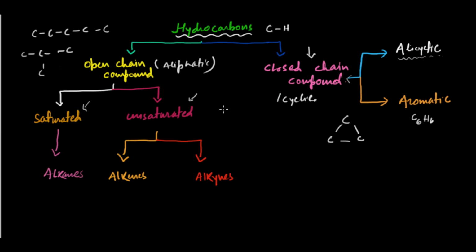Whenever you find a carbon associated with another carbon by a double or triple bond, we call it unsaturated, because these bonds can be loosened between the carbons and can be attached with other material. So that will be unsaturated. But here you'll find only a single bond between the carbons, so it is saturated. Why it is saturated, we will understand in depth.